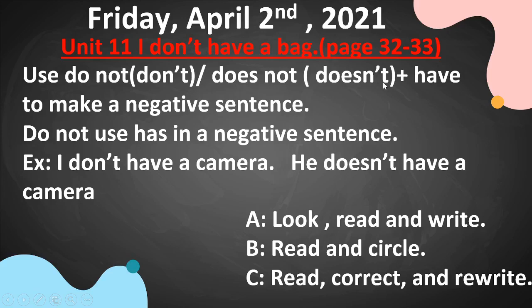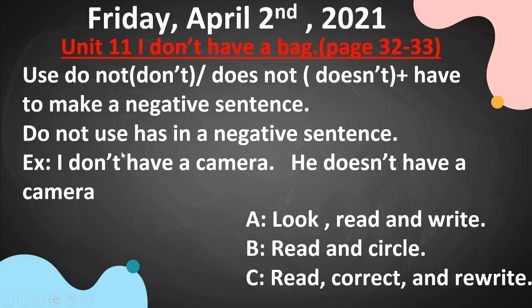When you use present simple, don't forget that in the negative form we use do and does, and the next word we need to use is have, to make a negative sentence. So do not use has in a negative sentence.